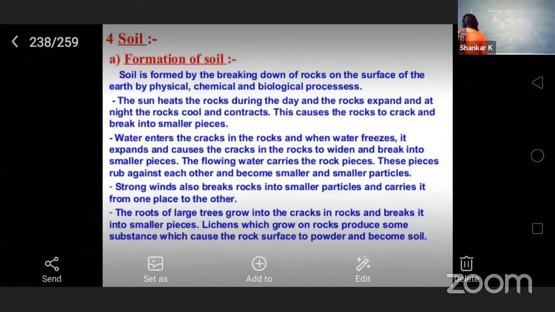Yes. What do you know about soil? Where do you need soil?